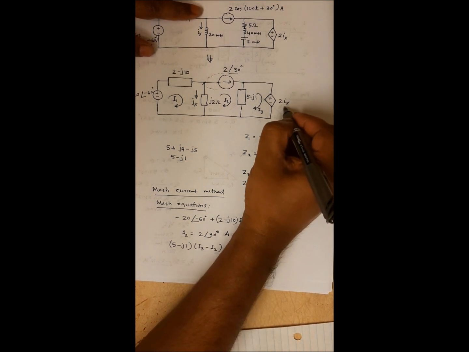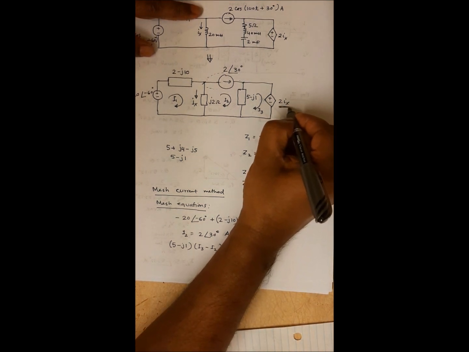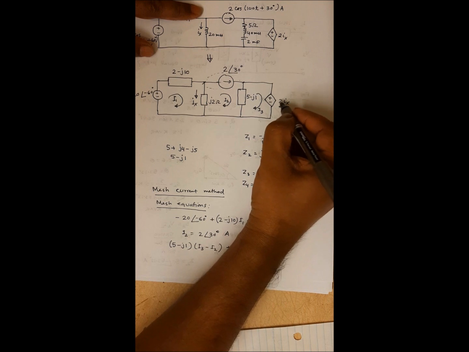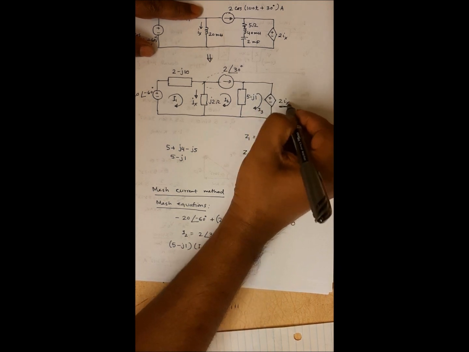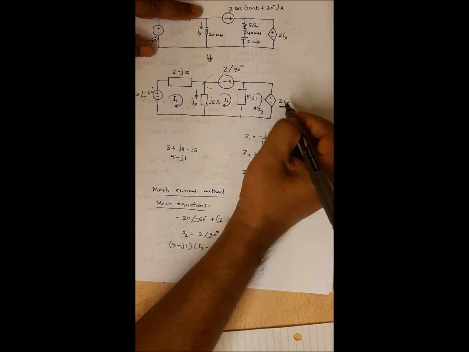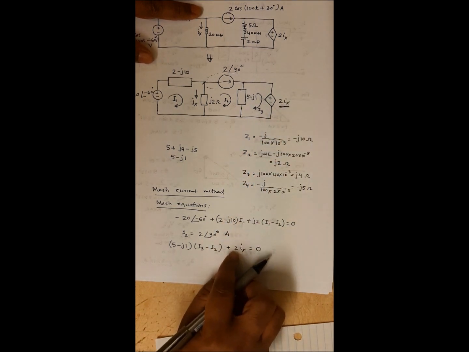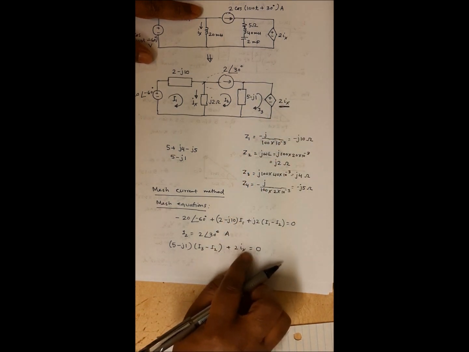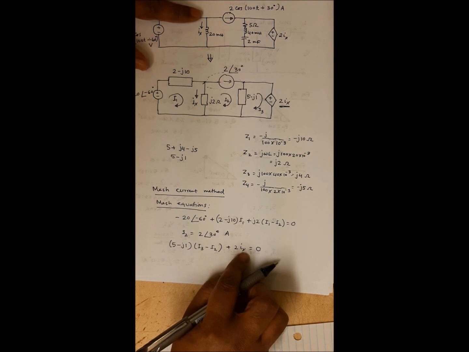Here you see 2Ix is a voltage, 2Ix is not a current. So it is a dependent voltage source. So the value labeled here is the voltage value. So 2Ix, don't be mistaken that it is a current. No, it is not a current, it is a voltage.